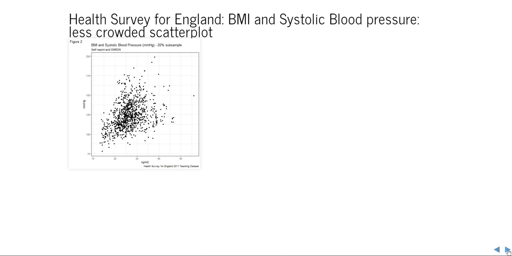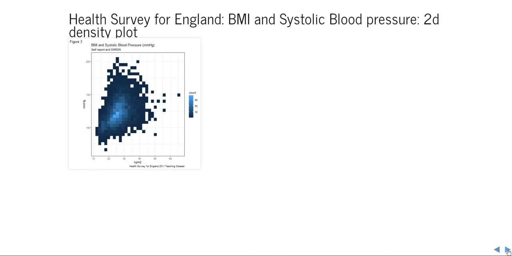Another thing I looked at very briefly was the idea of a two-dimensional density plot. Here, the lighter the colour, the more dense points we have, the more individuals lie in that little box in terms of BMI and blood pressure.